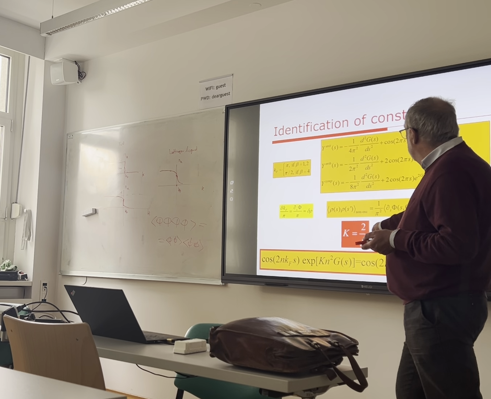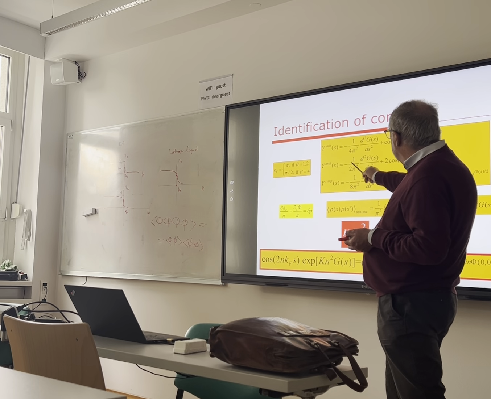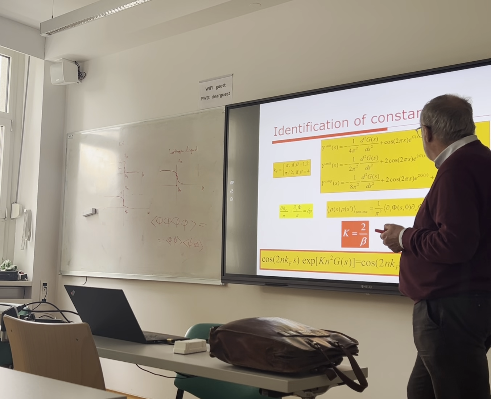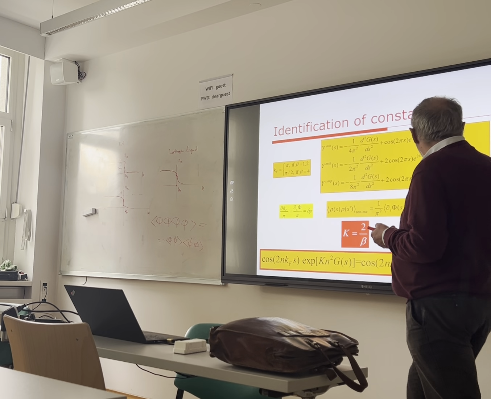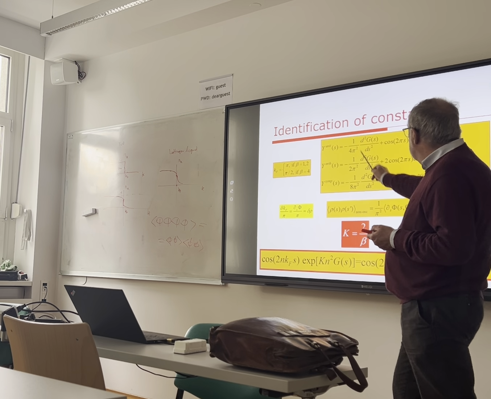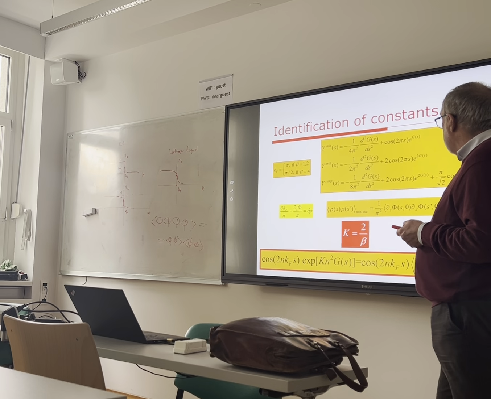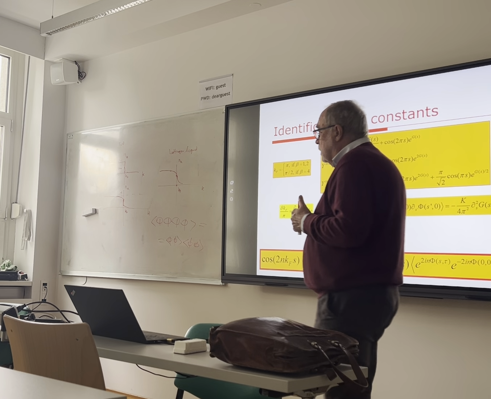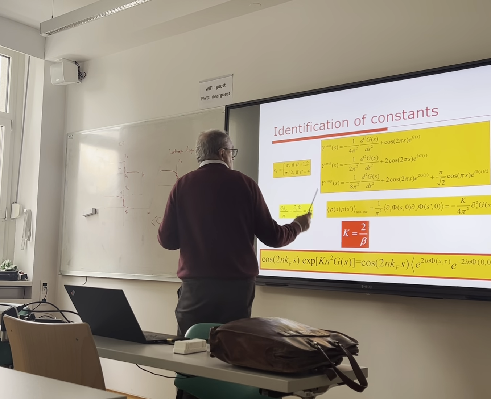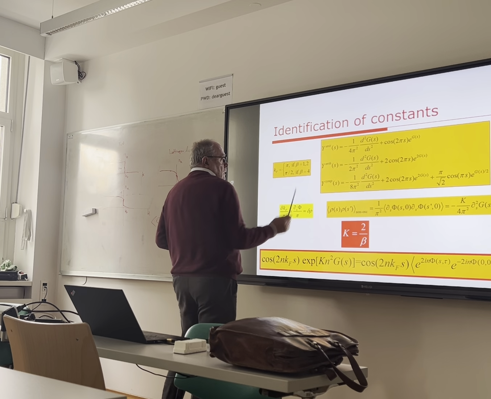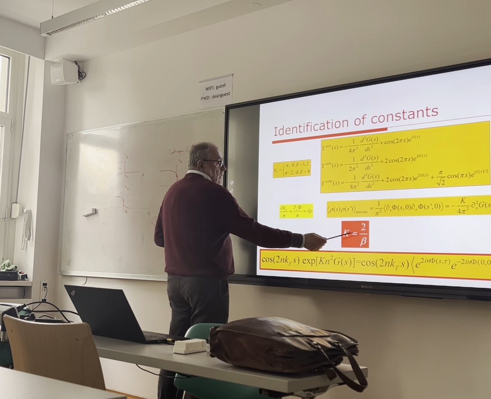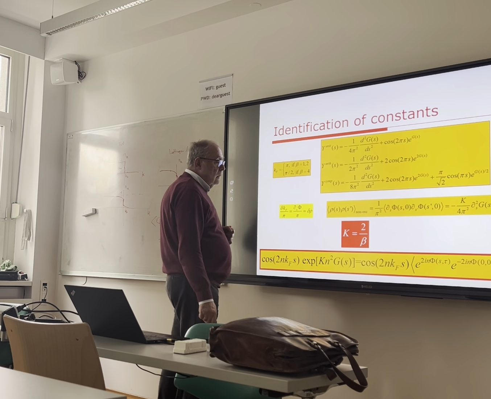And it depends on beta, because this is beta equal 2, beta equal 1, beta equal 4. And when I compare this thing with that, I see that k is 2 by beta. So for this particular Calogero-Sutherland model, which corresponds to this correlation function, k is equal to 2 by beta.